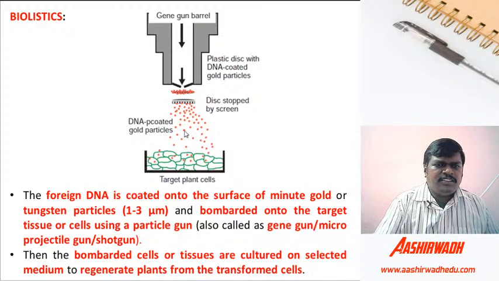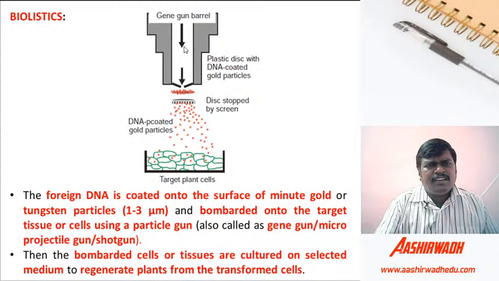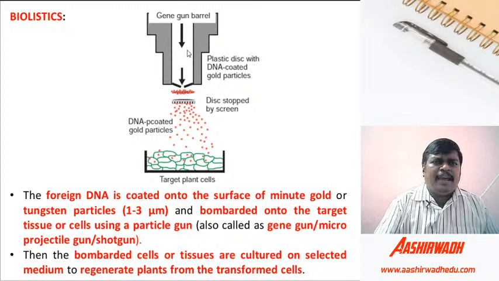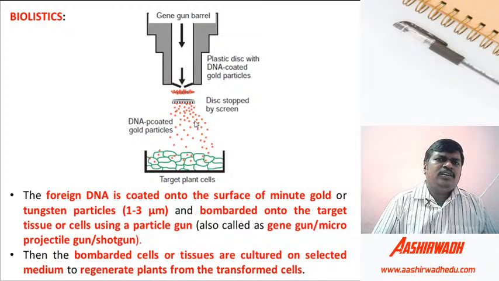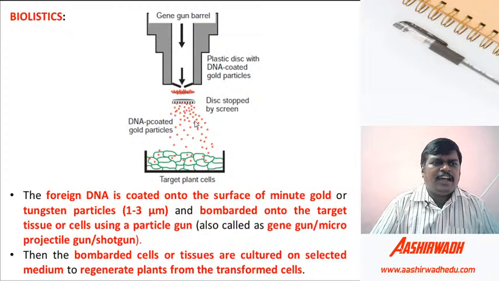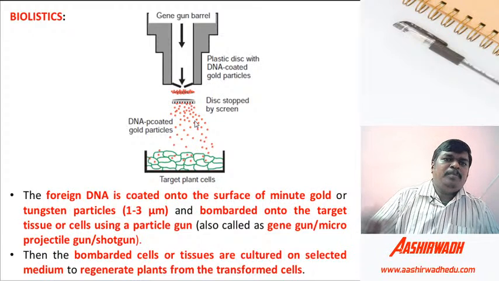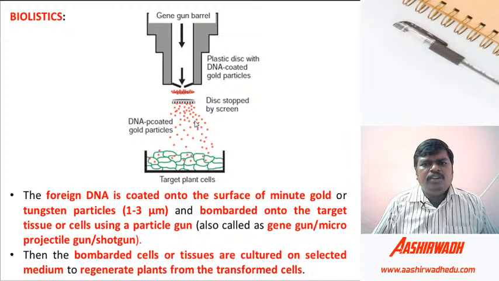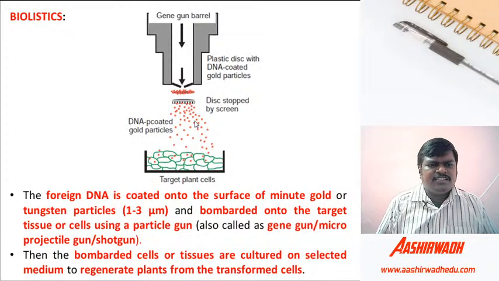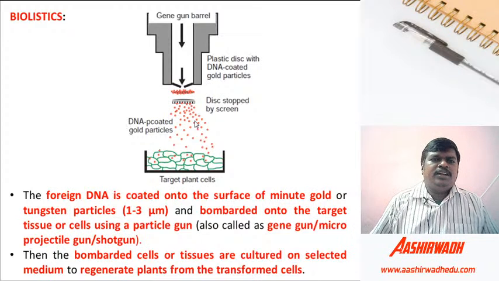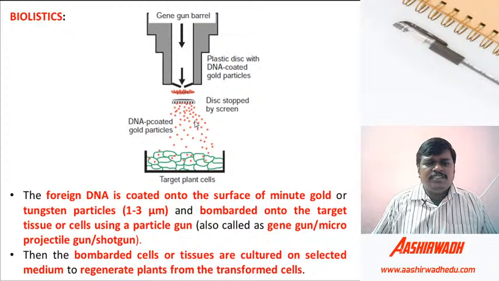The same process, they will bombard the cell. It's called the gene gun barrel, where they load all the DNA that has to be transferred. It will be coated with gold particles or tungsten particles, and it will be directly bombarded into the target cells. The target cells just take up the genes that are transferred inside.